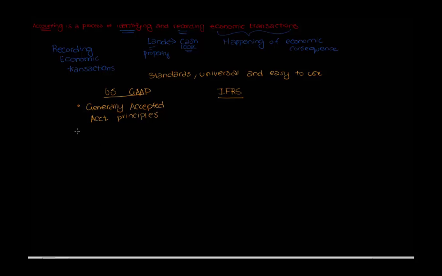In the early 1930s, the United States Congress gave the SEC, Securities Exchange Commission, the right to set the standards. However, the SEC relies on FASB to set the standards. FASB stands for Financial Accounting Standards Board.